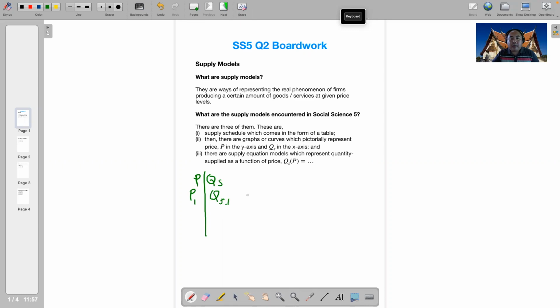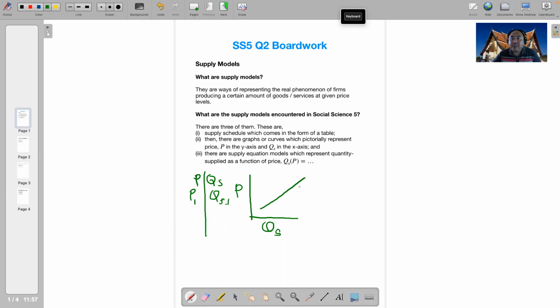Another way of representing them is in terms of graphs. Okay, and you have seen this again. Price is on the y-axis, quantity supplied is on the x-axis, and you will see them as positively sloped graphs. Why is it positively sloped?